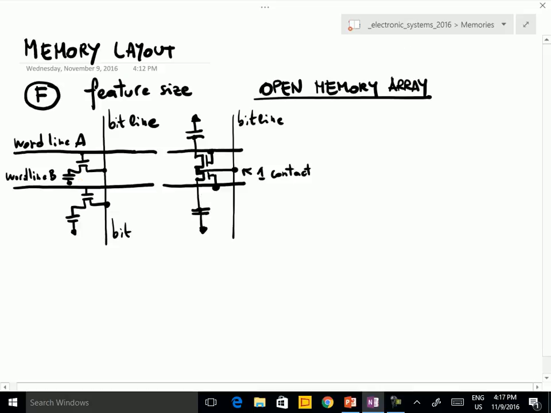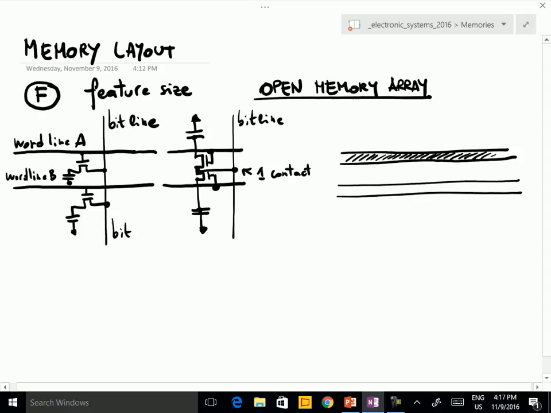The two word lines, we make the two word lines with poly of a minimum feature size F, and between the two word lines we have this contact with the bit line. So the bit line is this one.